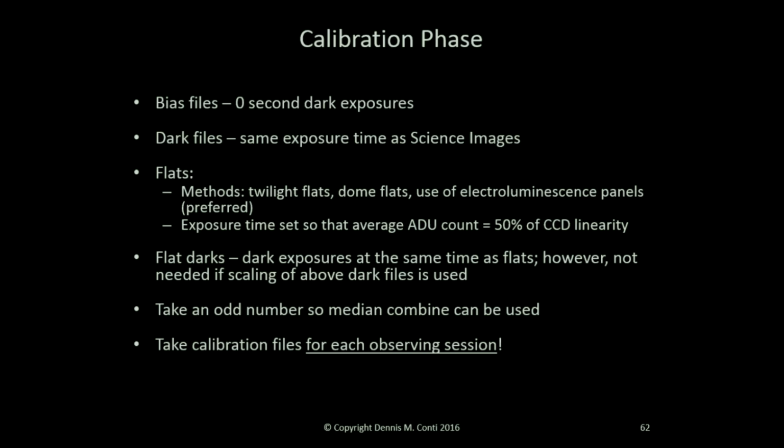The advantage of the EL, or electroluminescence panel, is that the flats can be taken right after the observing session, even in the dark. So one does not have to do the tricky process of getting twilight flats.